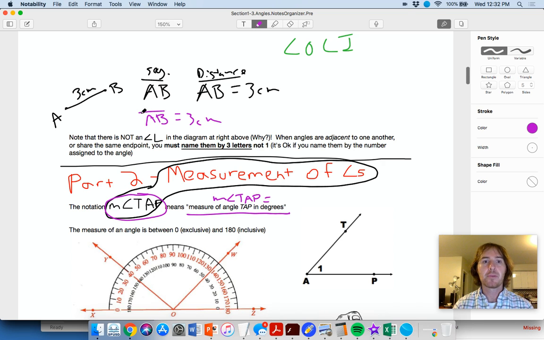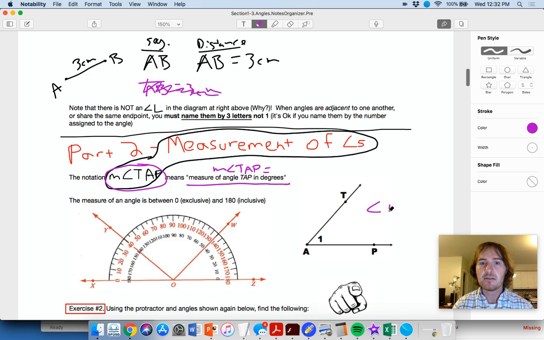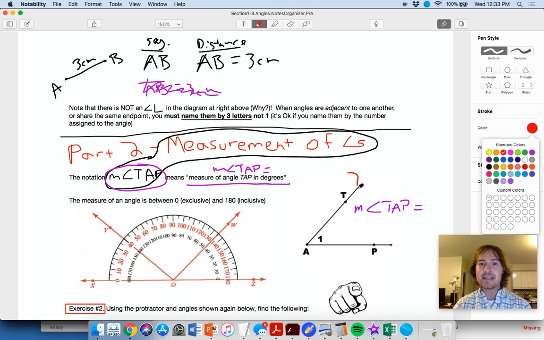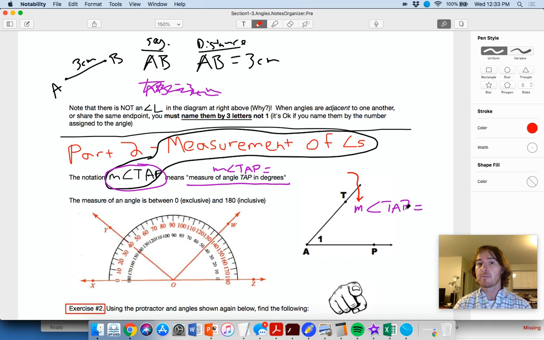Just like that, you would never say this. Angle TAP never equals anything, because angle TAP is just an angle. The rays go forever. What's different about angles is that they have measurements. They are measured in degrees. So you need this front part written if you're talking about a particular measurement.